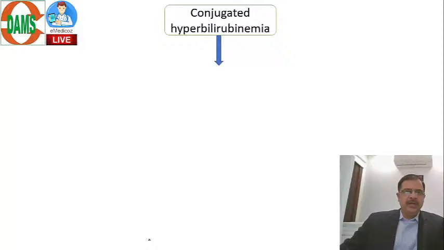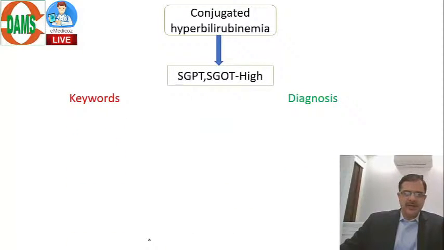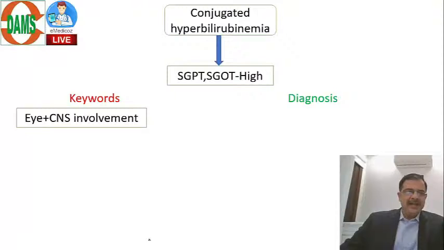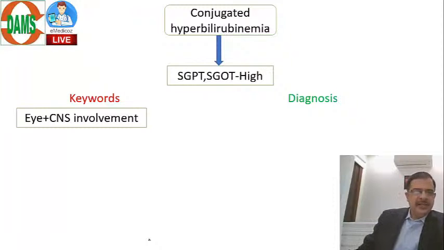Now, conjugated high bilirubin levels, SGOT, SGPT are high. Now the keywords: eye and CNS involvement is given along with the liver. CNS involvement is basically the extrapyramidal pathway, that is tremors are present. There is neuropsychiatric abnormality.